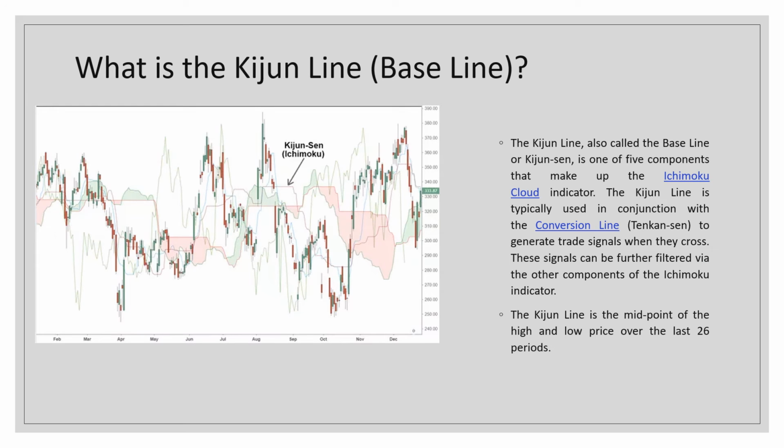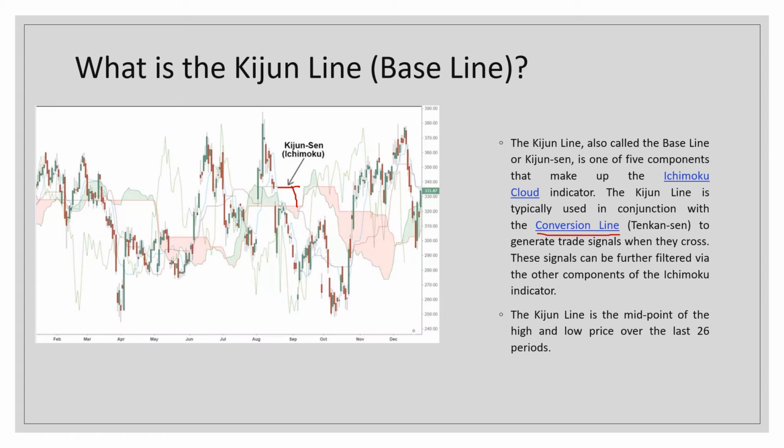The next one is the baseline. The baseline in TradingView is by default orange or reddish. This baseline is also known as the Kijun-Sen line, and it is one of the 5 components of the Ichimoku cloud indicator. We use this baseline along with the conversion line, because the crossover of these decides whether the market is bullish or bearish.